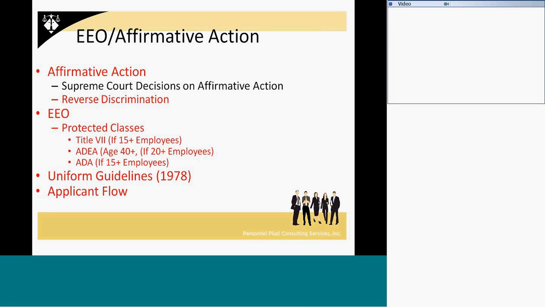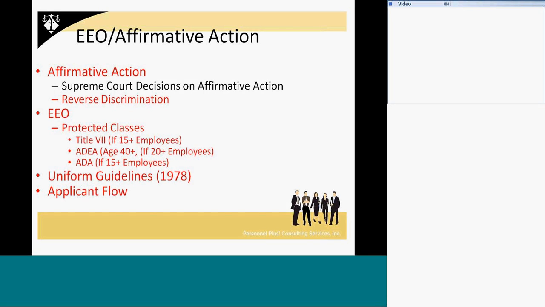And what the Supreme Court ruled in the Bakke decision is, when you're dealing with affirmative action, race can be a factor in the final decision, but it can't be the factor. In other words, whatever you do with affirmative action cannot be an absolute bar to others.